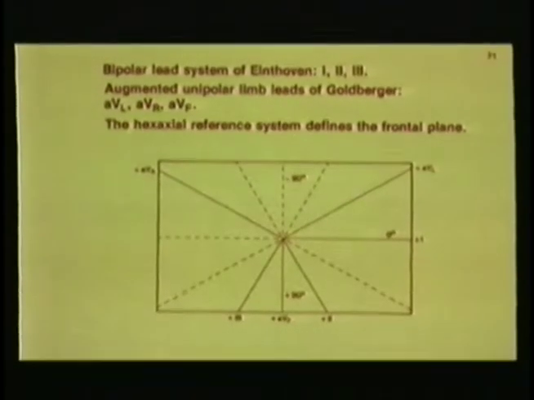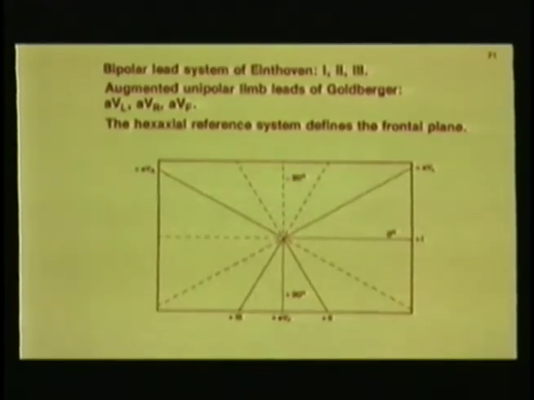70. Given the unmarked axes of the hexaxial reference system, label and indicate the polarity of each axis, and name the 2 lead systems which establish the axes. What plane does the hexaxial reference system define? Indicate 0 degrees, plus 90 degrees, and minus 90 degrees. 71.